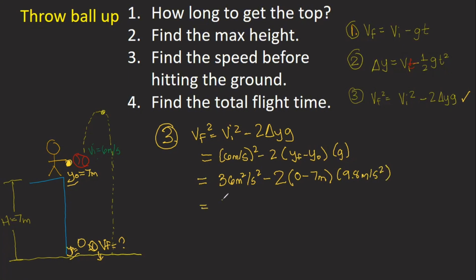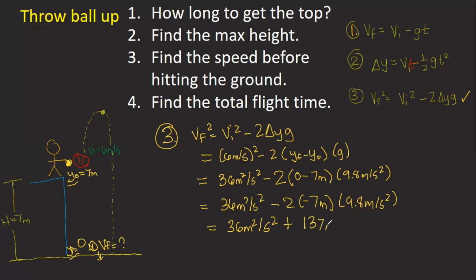Therefore, we have now 36 meters squared per second squared plus 2 times 7 meter times 9.8 meter per second squared equals 36 plus 137. It will result to now with 173 meters squared per second squared.